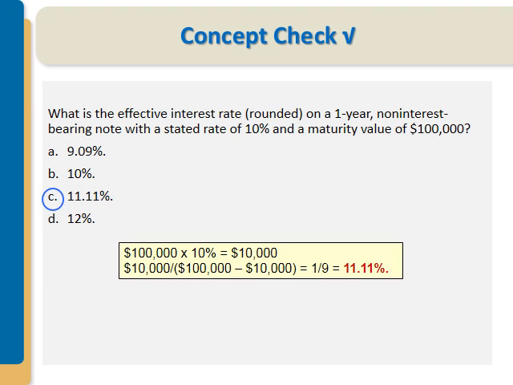We arrive at that by taking the discount rate of 10%, which gives us $10,000. So we have 10,000 divided by 90,000, which equals 1/9, or 11.11%.